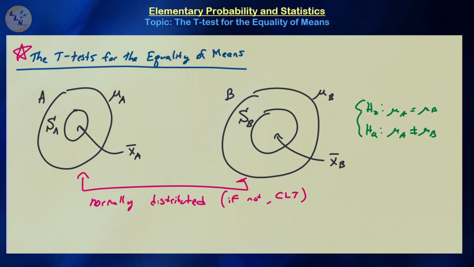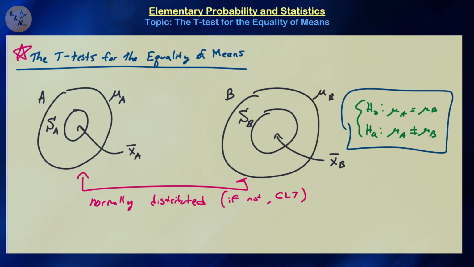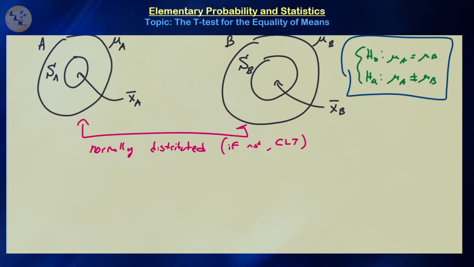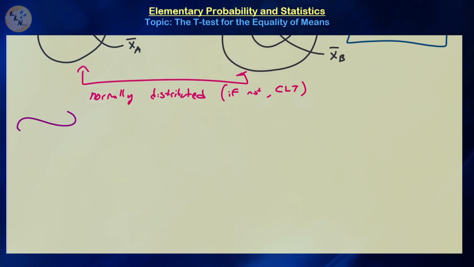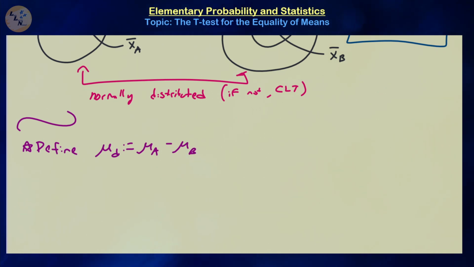So we're going to test this two-parameter hypothesis with the same exact approach that we used for the proportions. We're going to define the difference of means, mu d, to be equal to mu A minus mu B. Of course, if you define it in the other direction, you're just going to get opposite results but equivalent conclusions, as long as you're working with the two-sided alternative.